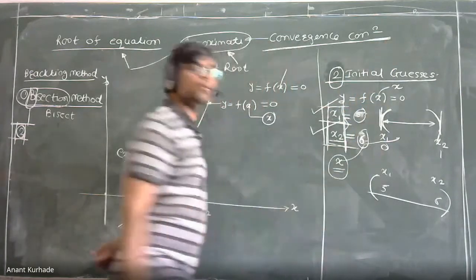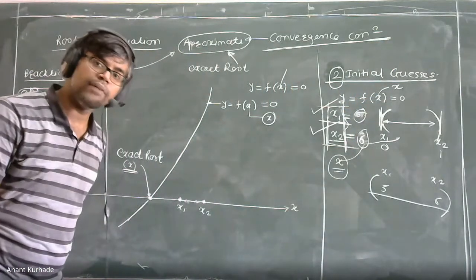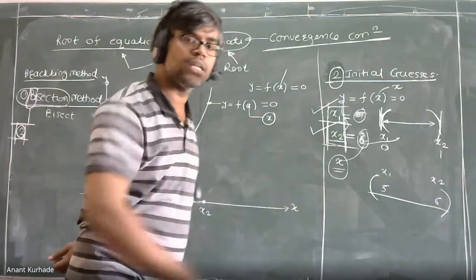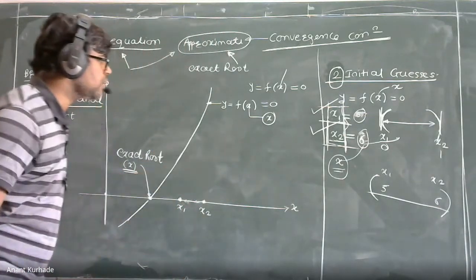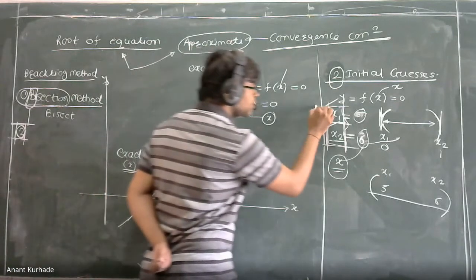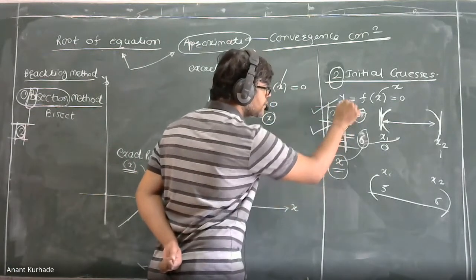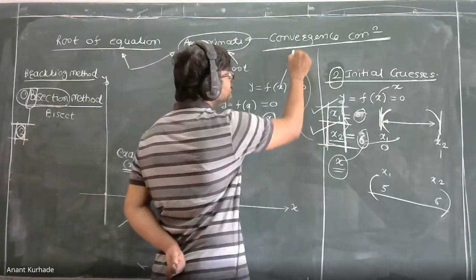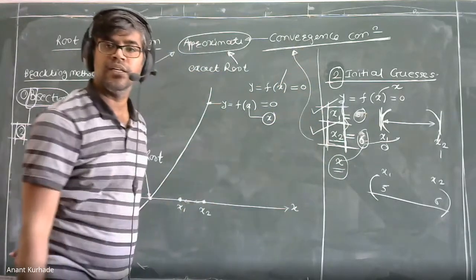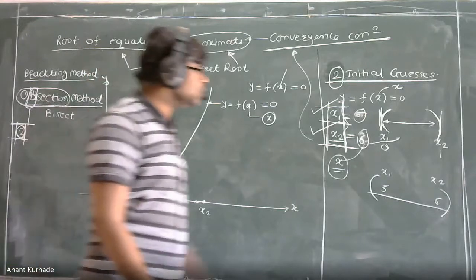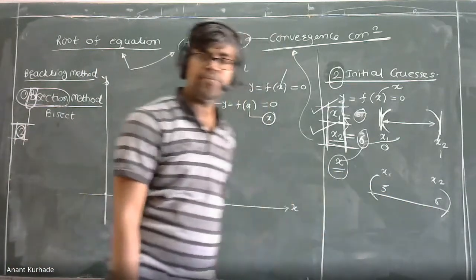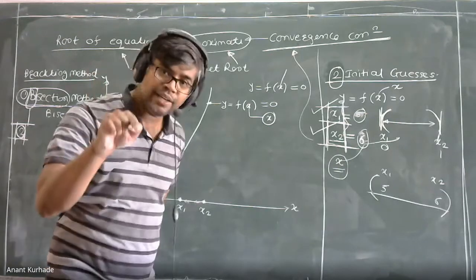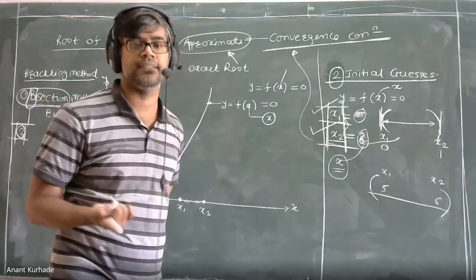There are two: convergence condition and divergence condition. Again, remember, convergence means approaching the exact root, and divergence means moving away from the exact root. So you have to choose the initial guesses x1, x2 in such a way that they satisfy the convergence condition. If I have assumed 5, 6 and it fails the convergence condition, then you have to assume new guesses.